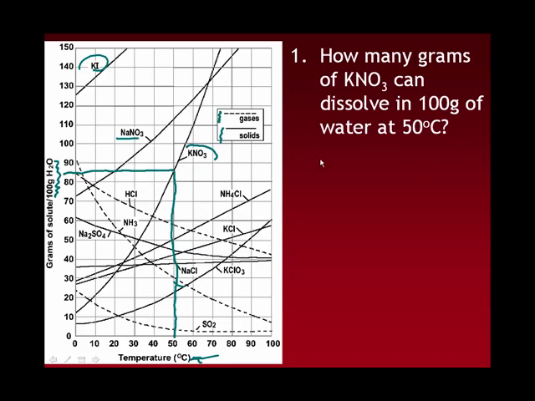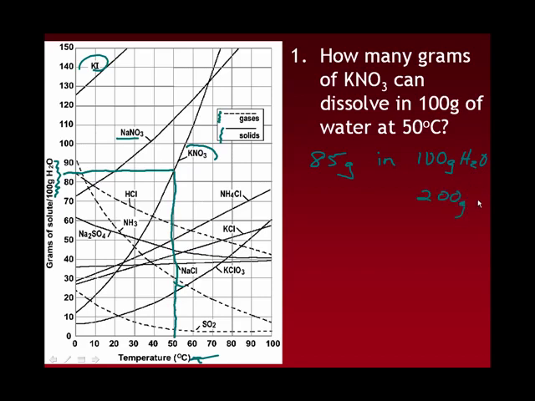And so there I get about 85 grams. So that's how many grams of solute can go in 100 grams of water. Okay, I can get 85 grams of KNO3 in 100 grams of water.